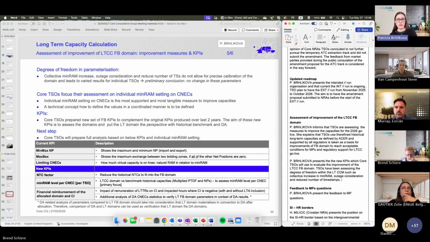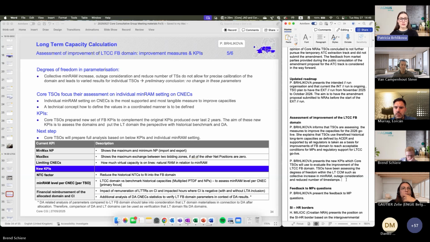So the KPIs we are using for this assessment are the standardized KPIs that have already been used for other timeframes, like intraday. So we are using the min-max net positions, also maximum bilateral exchanges on borders, as well as insights into which CNECs are truly limiting in the flow-based domains.